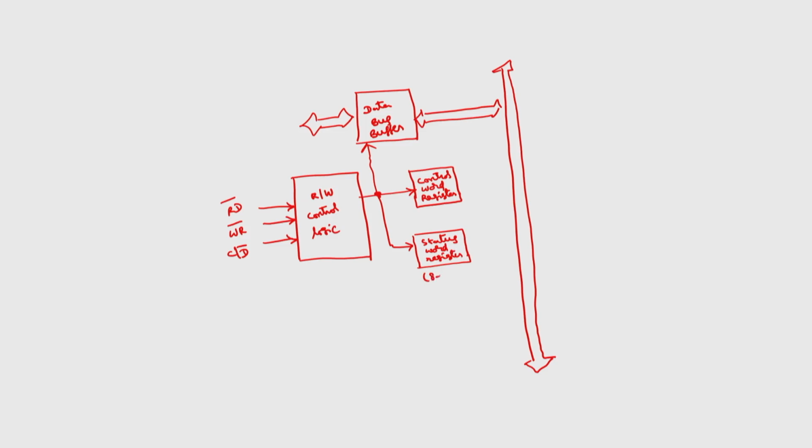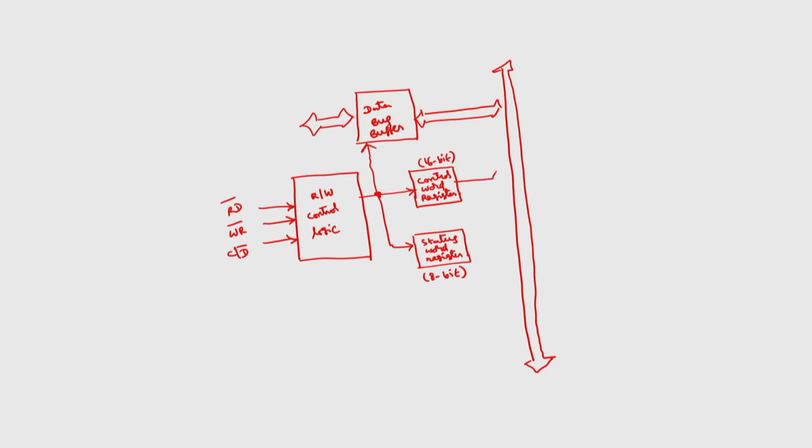This is 8 bit, whereas this is 16 bit. So, the microprocessor will write some data into the control register. So, the direction will be from the control word register to the internal data bus, whereas the microprocessor can read the status of 8251, so the direction will be like this.